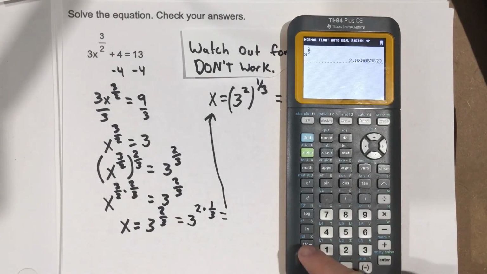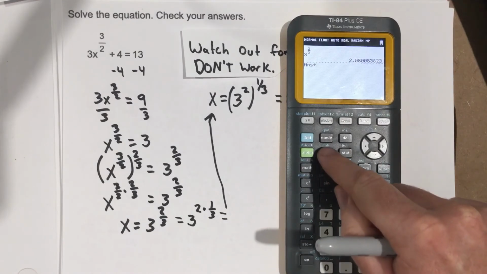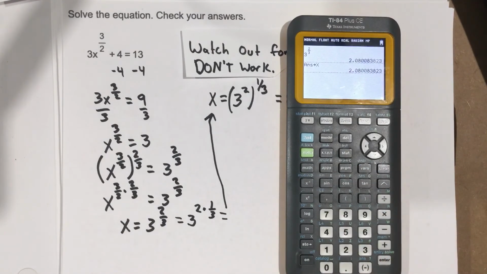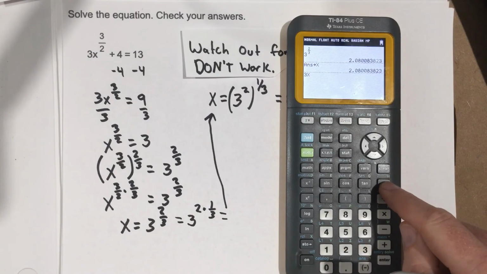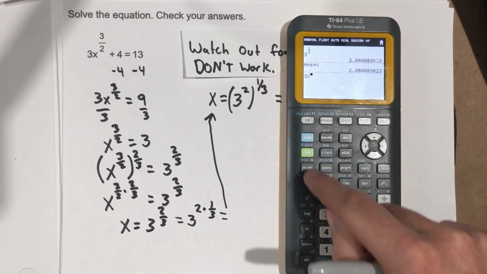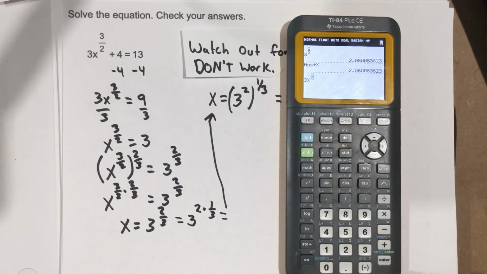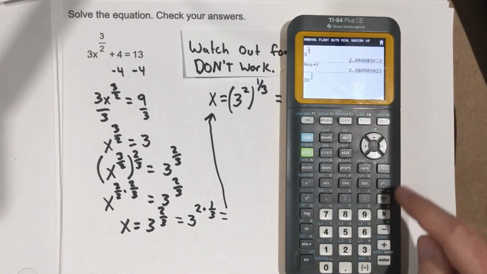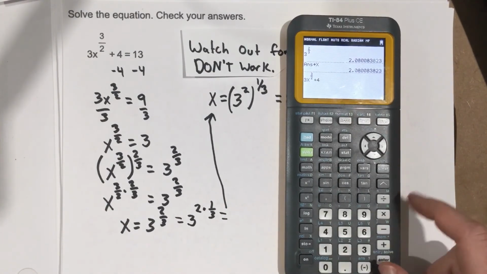Now I'm going to store that answer as x, and then I'm going to type this equation in. So I'm going to say 3x to the 3/2 plus 4. And I hit enter.